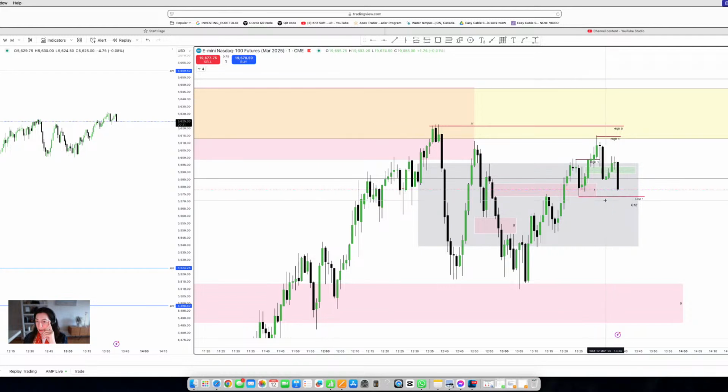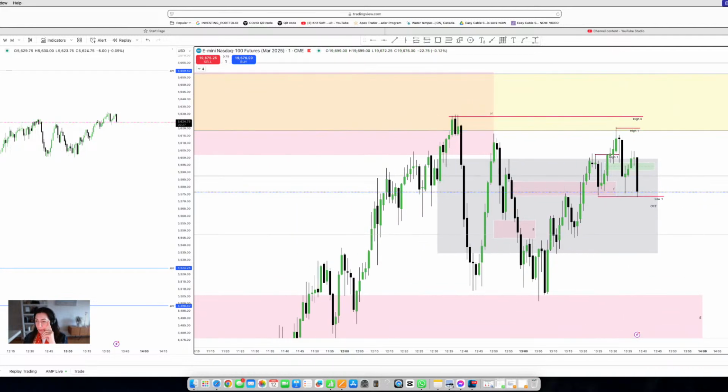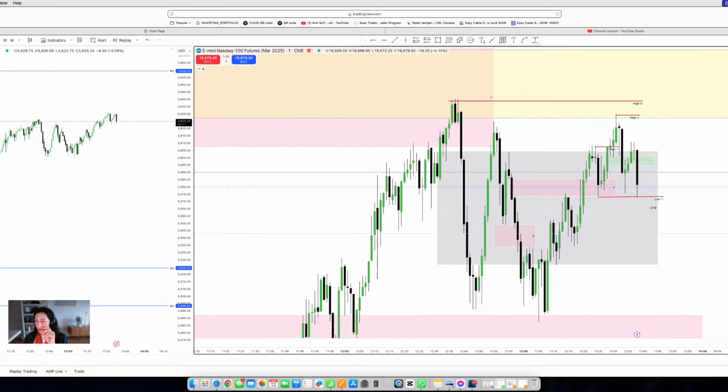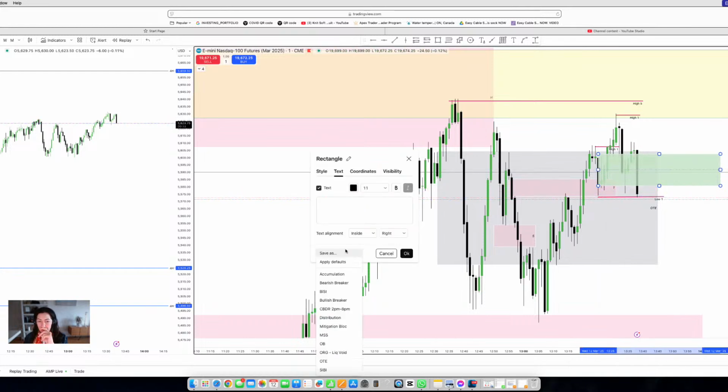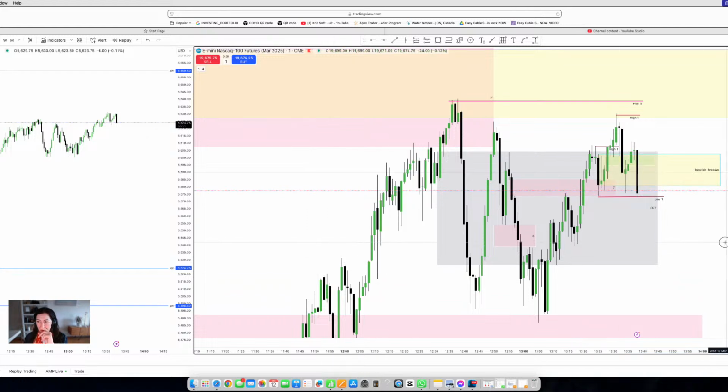High, low, higher high. See if we move below this. That'll give us a bearish breaker again. If we move below here, then our bearish breaker would be here. Small fair value gap.